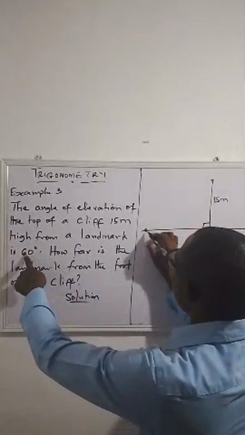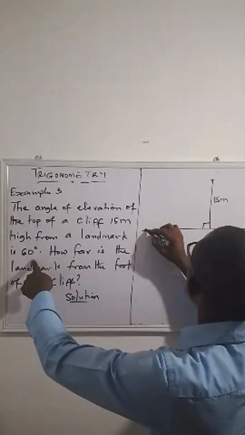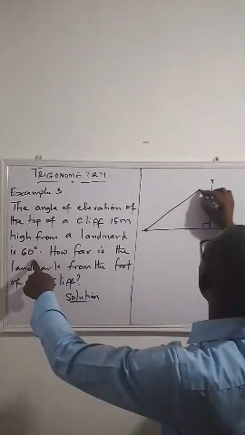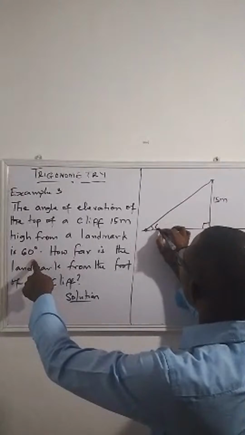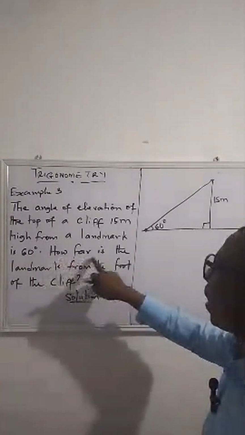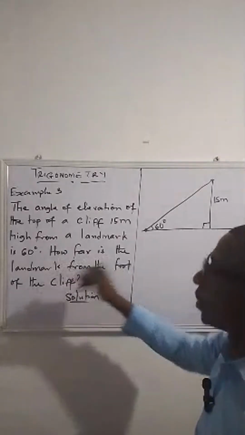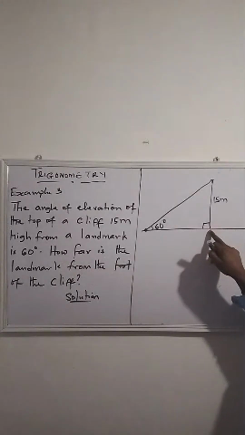So we have a landmark here with an angle of elevation of 60 degrees. The question is, how far is the landmark from the foot of the cliff? This is the foot of the cliff.